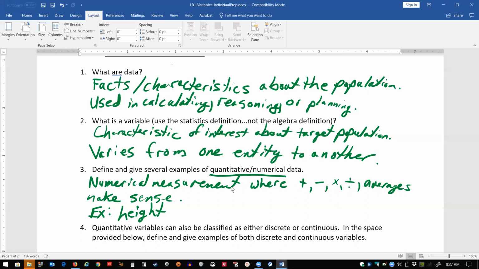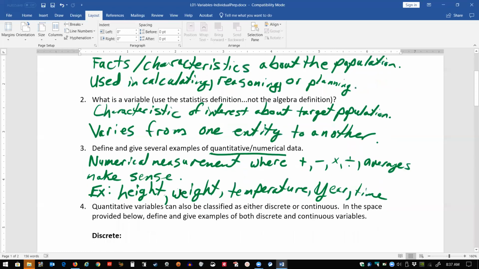For our class, we could find an average height of everybody in our class. So the average makes sense for height. Some other examples: you have weight, you have temperature, even things like a year or time. Those all are quantitative variables because an average makes sense.